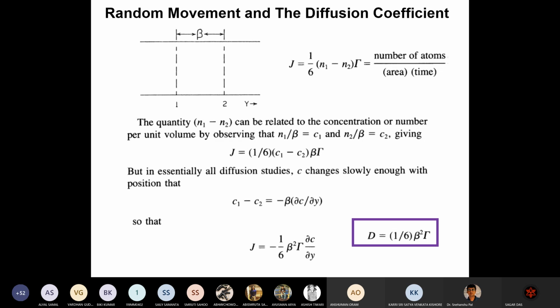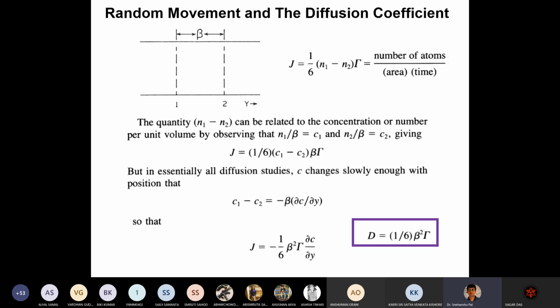Now, in order to understand the detailed mechanism and mathematics of diffusion, it is very important to study a simple situation in which we can get an analogical understanding of the diffusion process. So now we try to derive an approximate equation relating the diffusion coefficient D to the jump frequency.